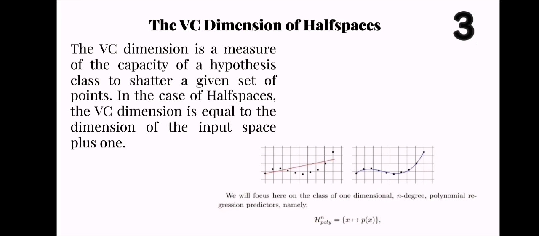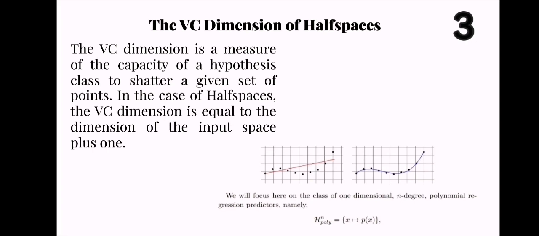And the VC dimension of half spaces measures the hypothesis class's ability to shatter a given set of points. In the case of half spaces, the VC dimension is equal to the dimension of the input space plus 1.